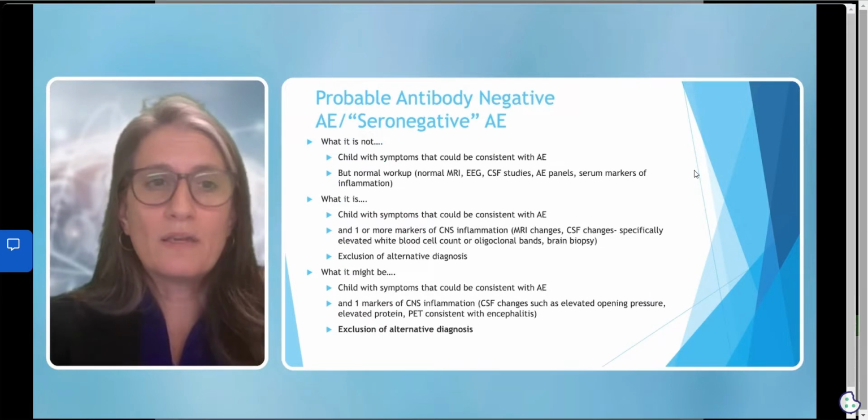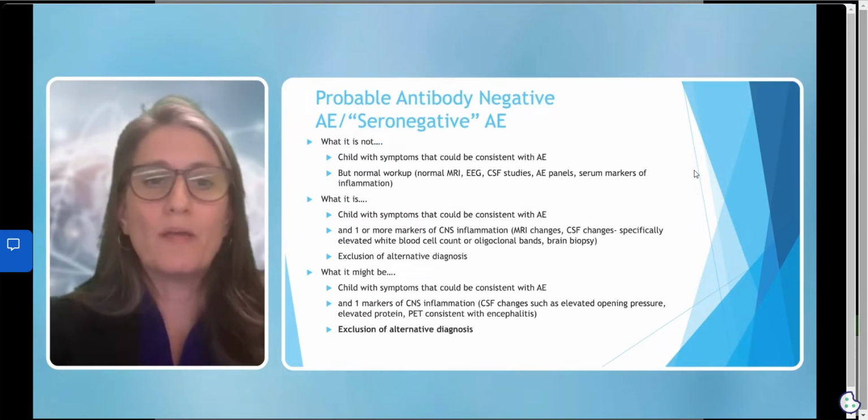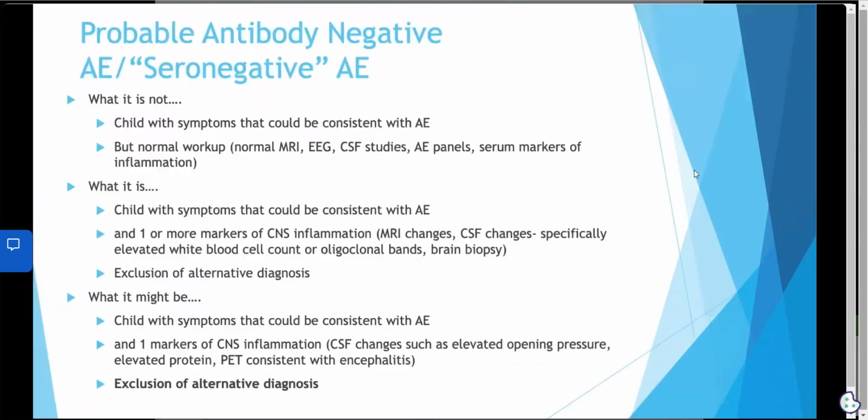And so I think what we have to acknowledge here is the gray zone, where we have children who have symptoms that could be consistent with autoimmune encephalitis and some changes on their testing, but aren't part of the ones considered more specific that would meet the criteria.